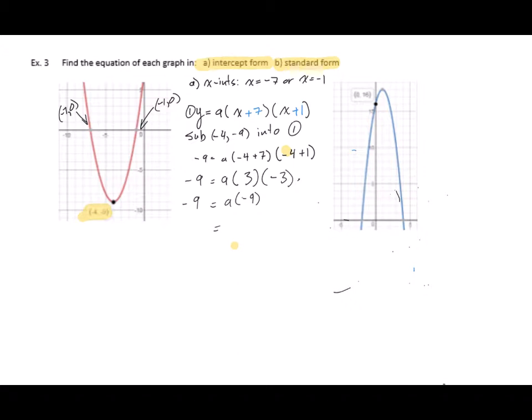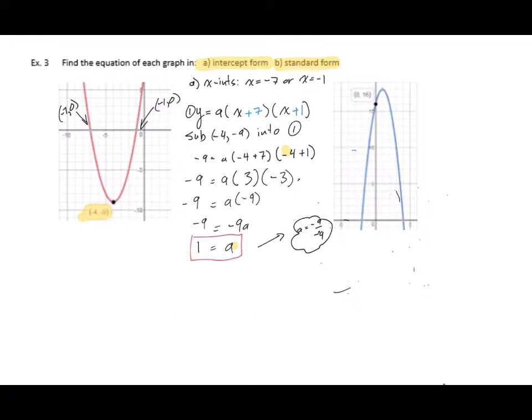Now, this is where some of you guys forget. If I have a times -9, what you do is you just make it -9a. Now, solve for a, you end up with a equaling 1, because if you think about it, a is equal to -9 over -9, which turns into 1.